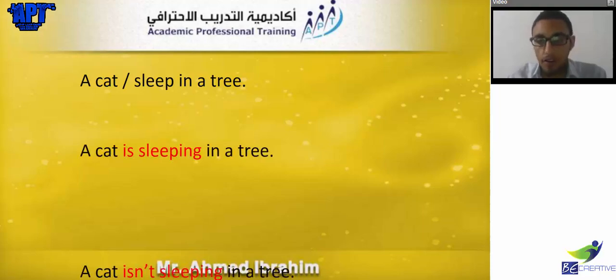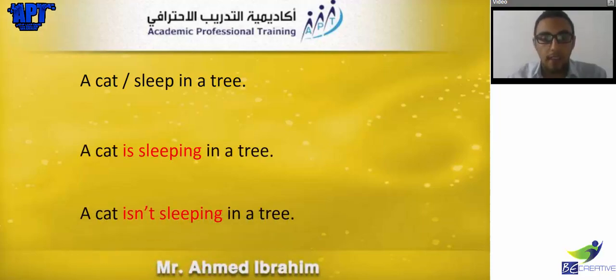Now the correct answer: a cat is sleeping in a tree. And now remind me again, why did we use is, not am or are? Because am is when I speak about myself, when I say I am. But a cat, because it's singular, takes is. A cat is sleeping in a tree. The negative form: a cat isn't sleeping in a tree.